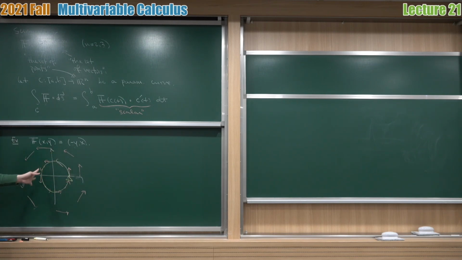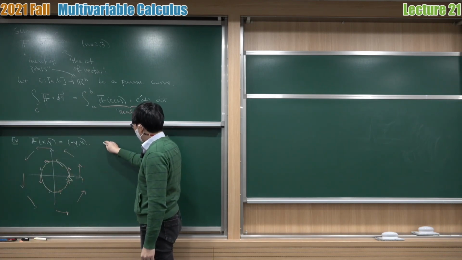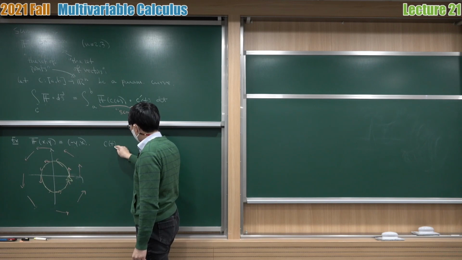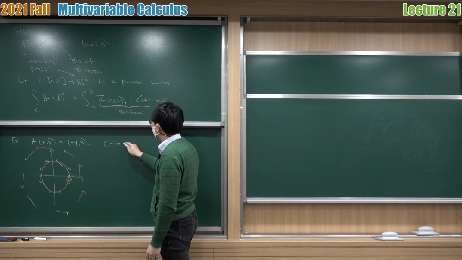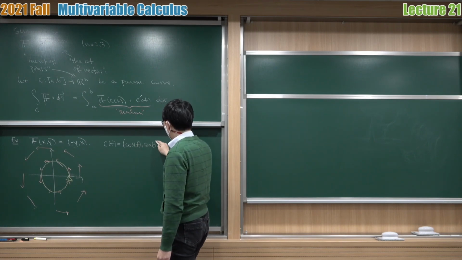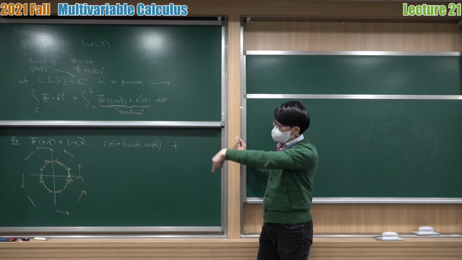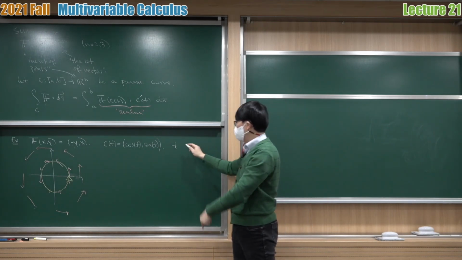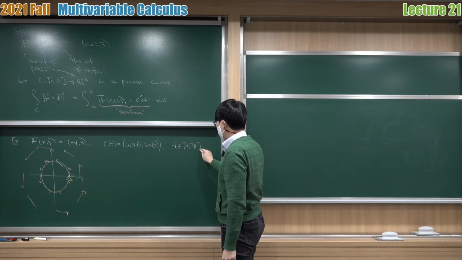That's my direction of the curve. And I'm going to parameterize that direction by what? (cos t, sin t). And I will come back to the original starting point when t starts at 0 and ends at 2 pi, right?